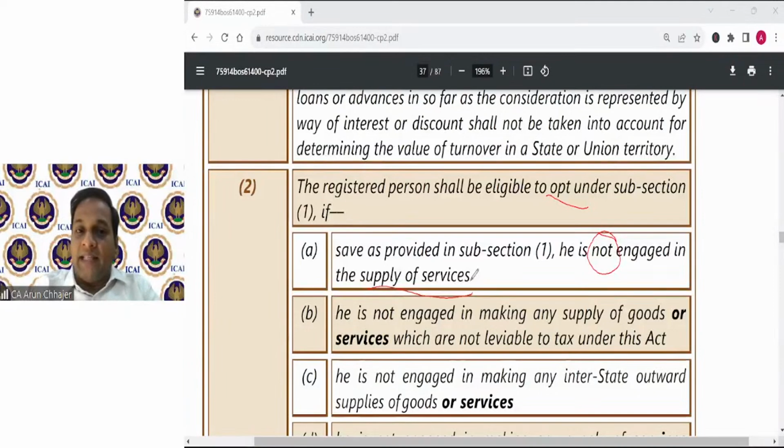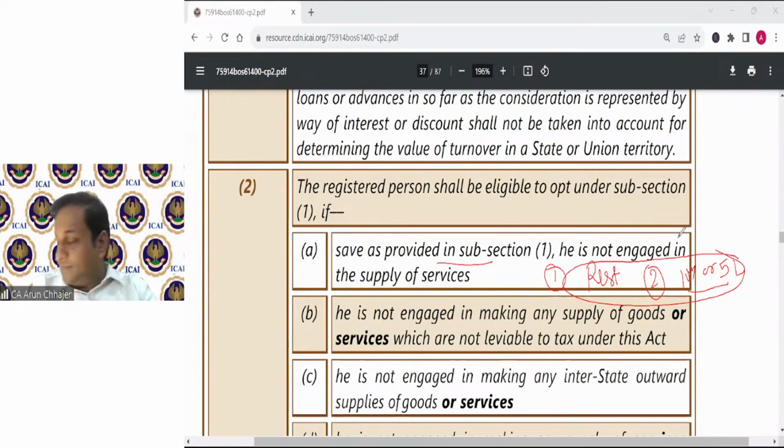So what is he eligible for? First, he can provide restaurant services. Second, according to the proviso, 10% or 5 lakh, whichever is higher, this much amount can be service of any category. Apart from these two categories, whatever is being provided is okay. But apart from that, he should not engage in any other supply.